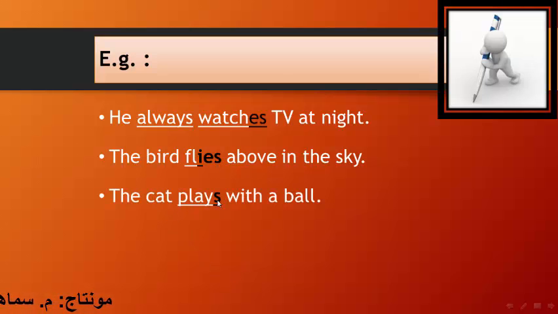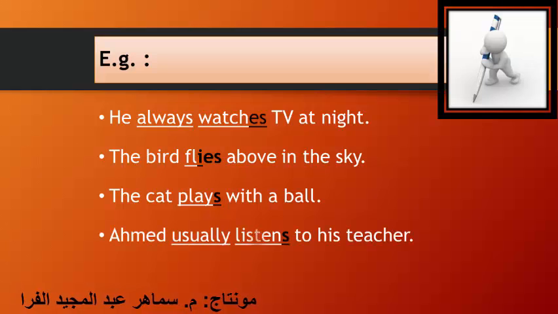The cat plays with a ball. Here, after Y, we add S directly because we have a vowel before Y, which is A. And so with all vowels before Y, we should add S directly.